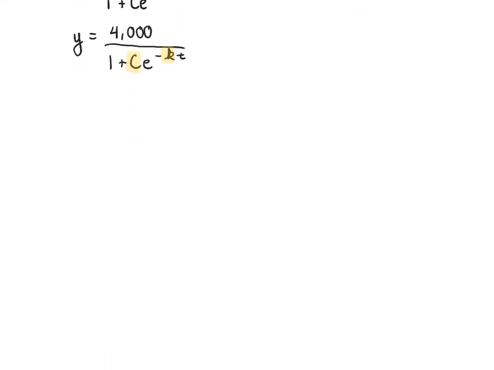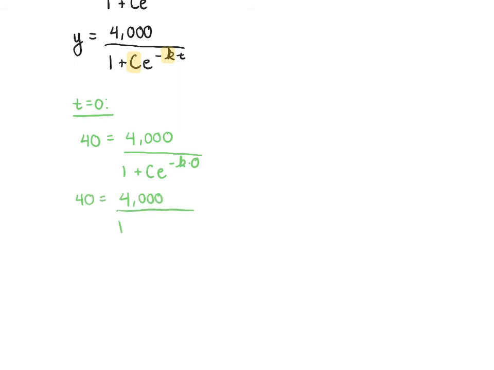Initially, at time 0, there were 40 elk. So I'm going to write that out. At time 0, the population was 40, when t was 0. And e to the 0 is 1, so you'll end up with 1 plus c.